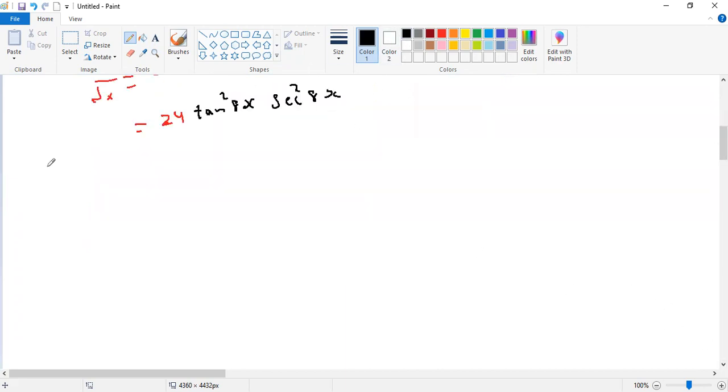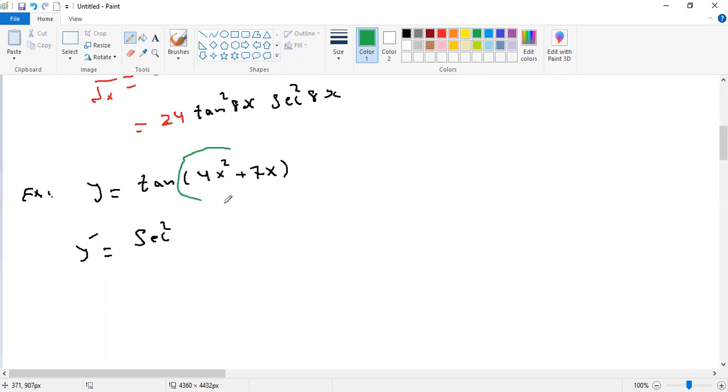Another example. If we say y equal to tan of 4x squared plus 7x. Now, the derivative of tan u, y prime, is secant squared u. So this represents u: secant squared of 4x squared plus 7x, times the derivative of u.